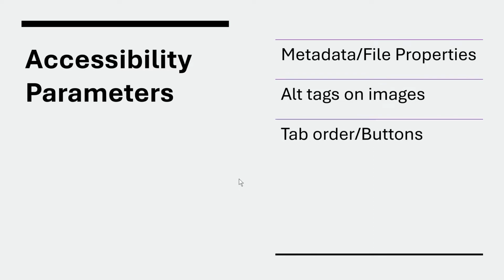We also have tab order. That's going to be something we're going to discuss. Because why is it a tab order? Because when the user is using their screen reader, they are using the tab key on their keyboard to go through each individual part, and then it's going to tell them what that button does and what the commands are, and then they can execute the command based on where they are on the screen using their keyboard.